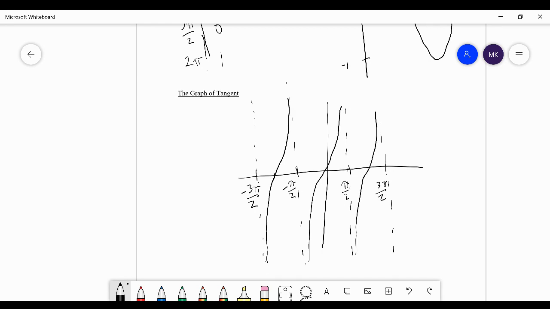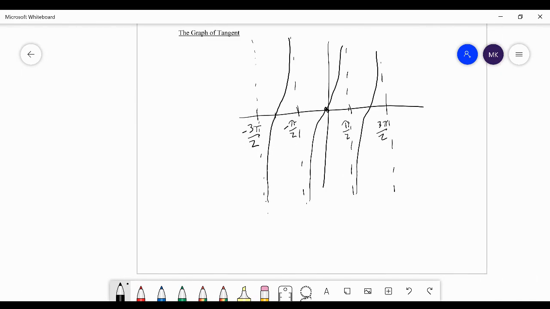This is what the tangent function looks like, and it goes through the origin here. This is just my terrible drawing. What that comes from, if we think back to what tangent is, is y over x. So anytime the x value is 0, it's undefined. That is what we get going on here.